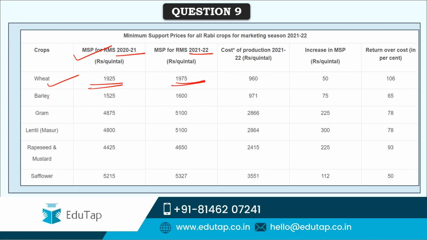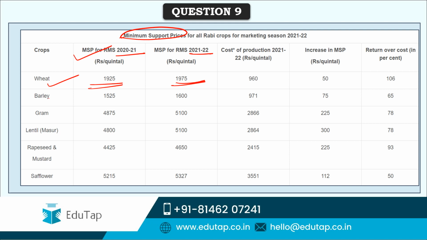Similarly barley also. Every year, based on the season, the cost of production and various other factors taken into consideration, MSP is fixed for Rabi crops as well as Kharif crops. As we have seen, for cereals, pulses, oil seeds and commercial crops, these MSPs are fixed.